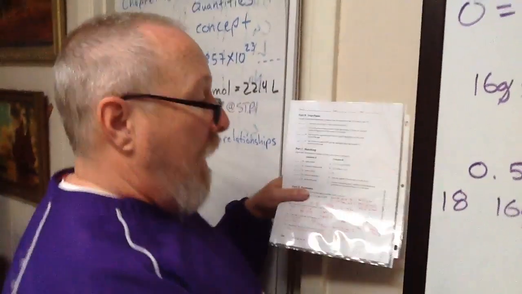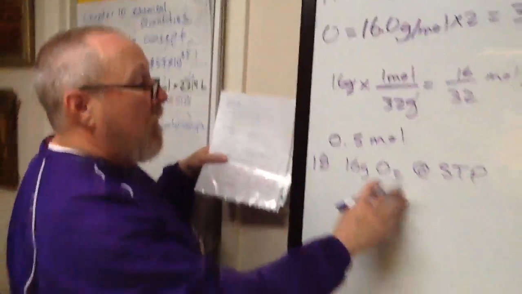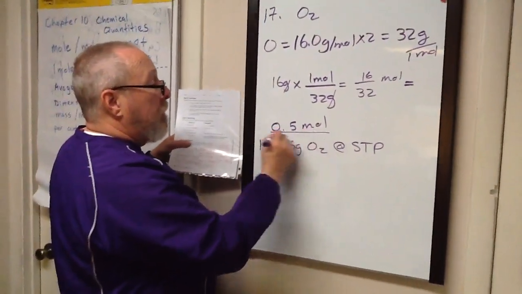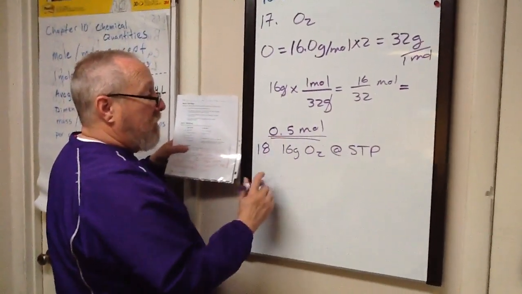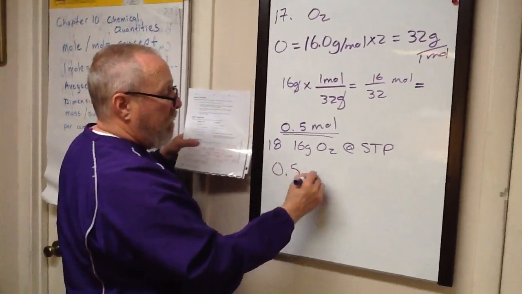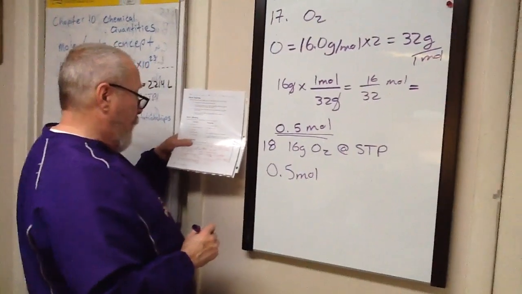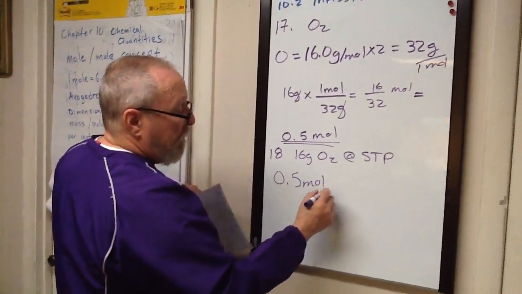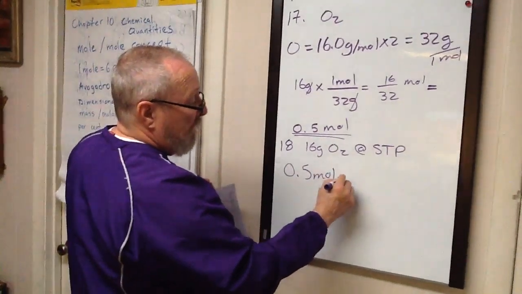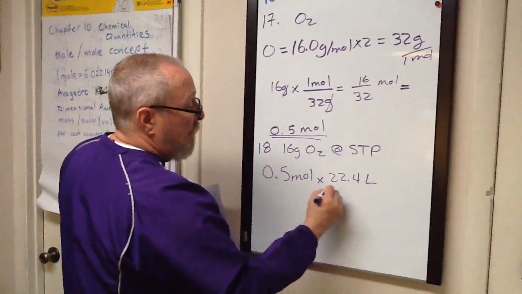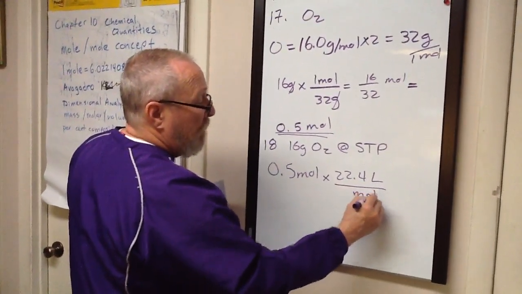And so I know I have 16 grams, but from the previous problem 17, I know that 16 grams is equal to 0.5 mole. Okay? And I'm going to multiply it by 1, 22.4 liters per mole.